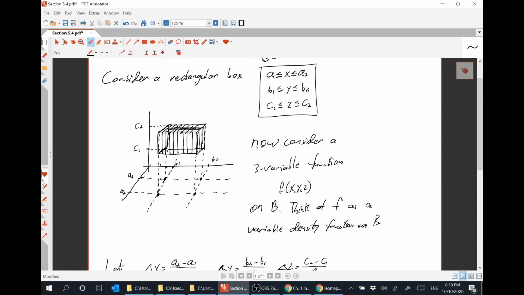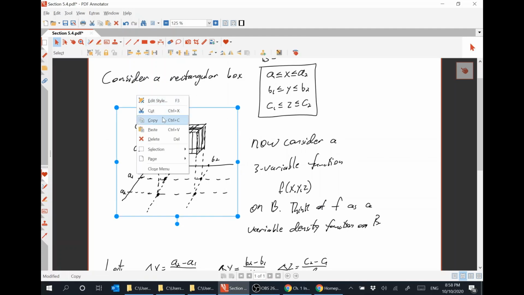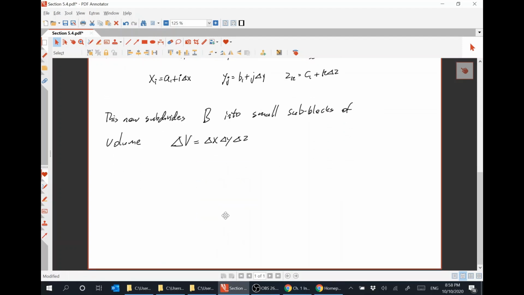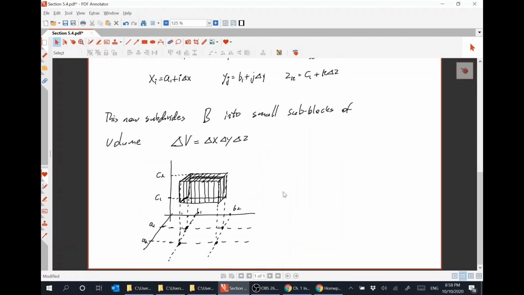All right, so the picture to think about here is as follows. Okay, so you've got your box, and it's all nicely subdivided on each coordinate axis. And what you've done is you've cut up the box into these small sub-boxes.